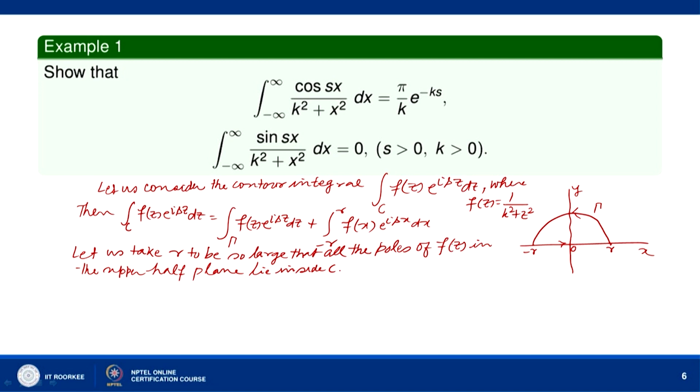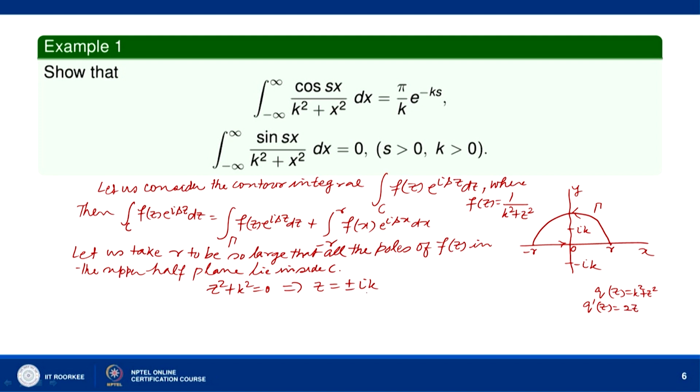Now, what are the poles of fz? The fz has poles at the points where z square plus k square equals 0. So z square plus k square equal to 0 gives z equal to plus or minus i k. We are given k to be positive, so ik lies in the upper half plane and minus ik lies in the lower half plane. Moreover, if we write qz equal to k square plus z square, then q dash z equals 2z.